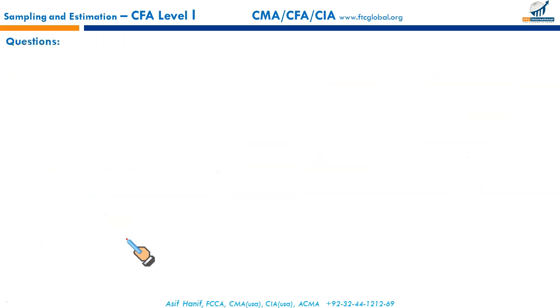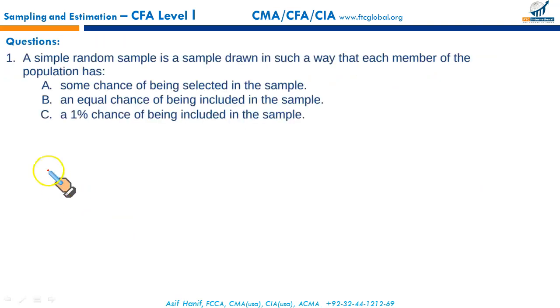Let's do a few questions again to enhance our understanding. A simple random sample is a sample drawn in such a way that each member of the population has some chance of being selected in the sample. Same would have been correct, but not some.